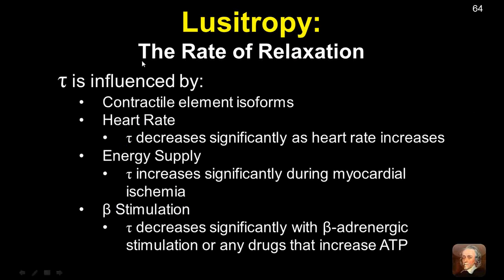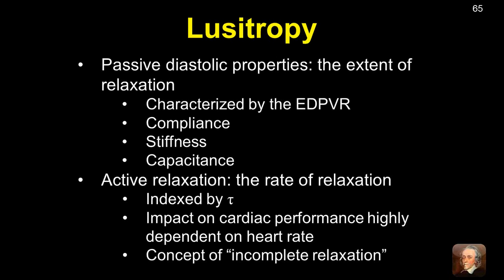So if we look at the rate of relaxation, this is influenced by changes in contractile element isoforms. It's impacted by the heart rate, which is really related to the change in the kinetics of calcium uptake, related to the energy supply, and also impacted by the state of beta adrenergic activation, because that impacts the rate at which calcium is sequestered back to the myofilament, and that, after all, is what underlies the rate of relaxation.